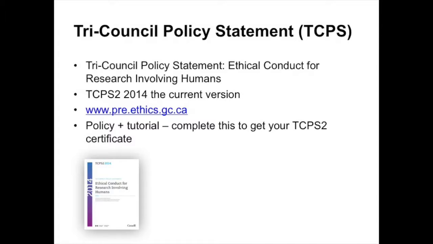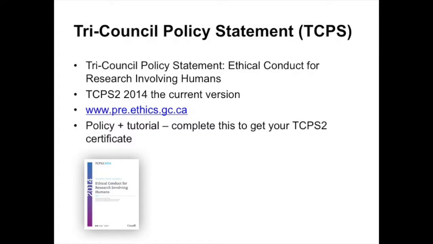In Canada, this is governed by the Tri-Council Policy Statement, or TCPS, on the ethical conduct for research involving humans. At the time of making this presentation, the 2014 version is the current version, and there's the URL on the slide. There is a policy statement, a PDF of the policy, and a tutorial on that website.